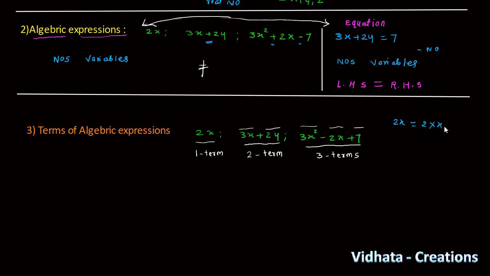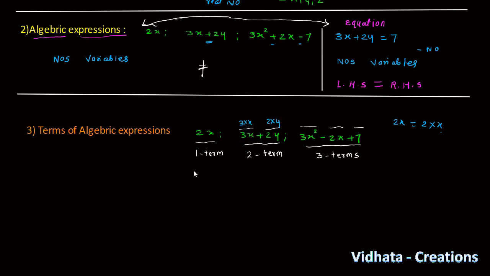It means in between a number and variable there is multiplication sign. Here in 3x means 3 multiplied by x. After that there is plus sign, and then 2 into y is there. This 3x I am going to call it as one term.